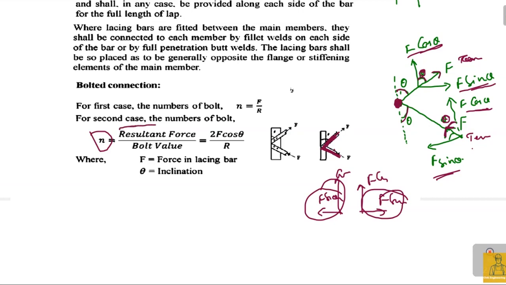So what is the resultant force on the bolt? Total force acting, practically the resultant force, is 2F cos theta. But what is R? R is the bolt value. We have calculated the bolt value.